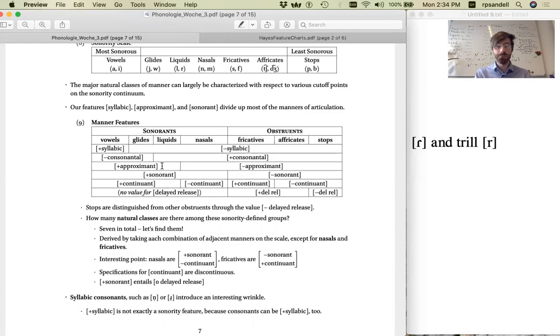And finally, the feature approximant essentially refers to whether there is very much of any sort of closure, of oral closure altogether. So in the case of both stops and affricates, as well as nasals, there is some very complete oral closure. What makes nasals a lot more sonorous is the fact that there is then no longer closure in the nasal pathway.